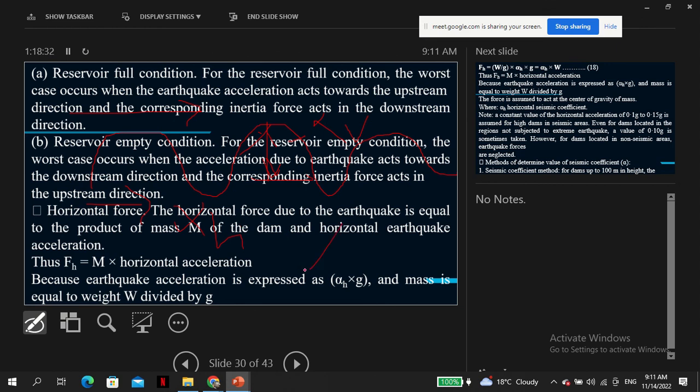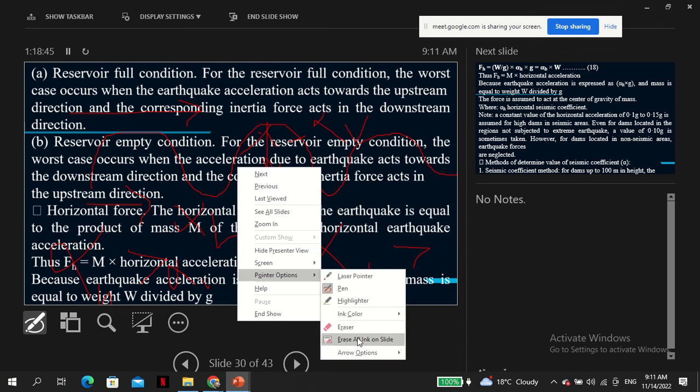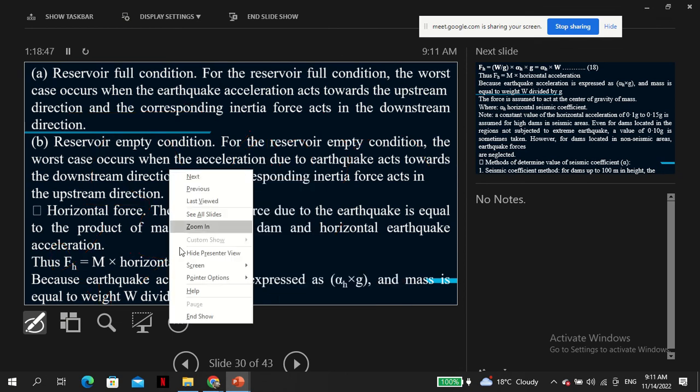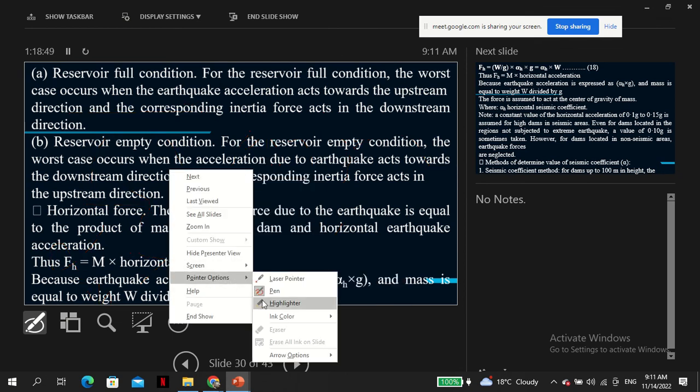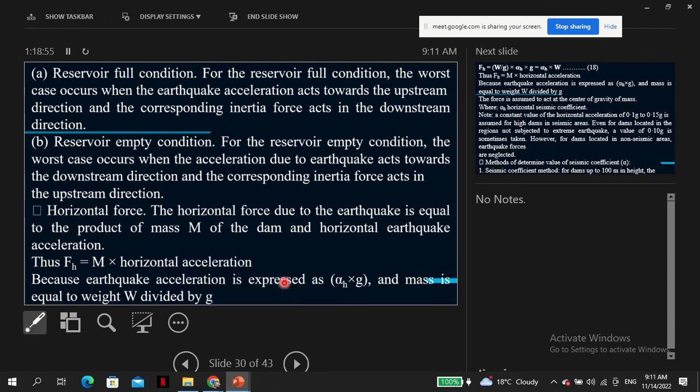In most cases alpha h is higher than alpha v, so we are always worried only about the horizontal direction. However, in some cases both vertical and horizontal are serious, so you need to consider both.